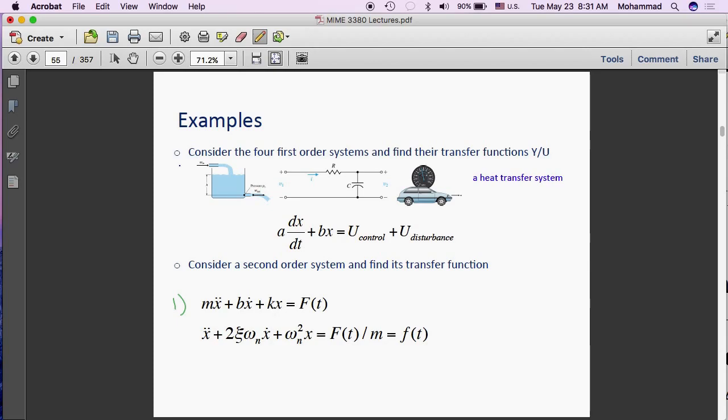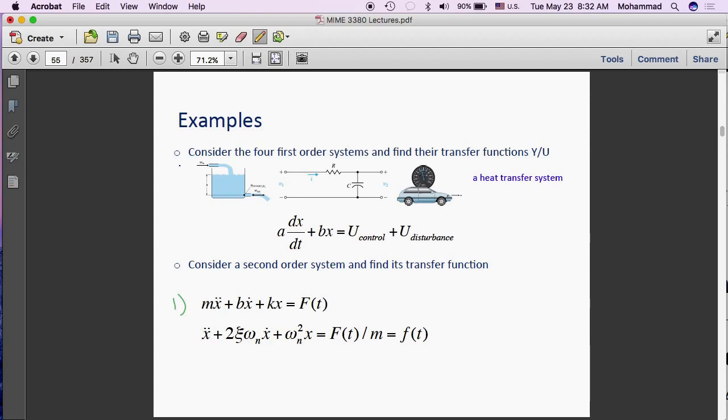So if someone asks you, take equation 1 into Laplace domain and form a transfer function between input force and output displacement, you would say, okay, I can do this very quickly, and I let you do it first very quickly.